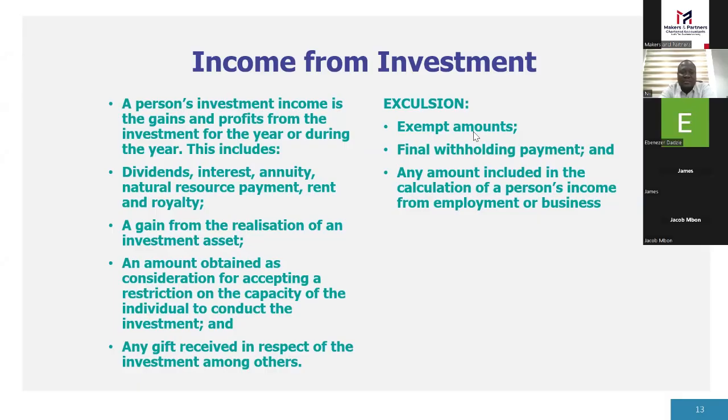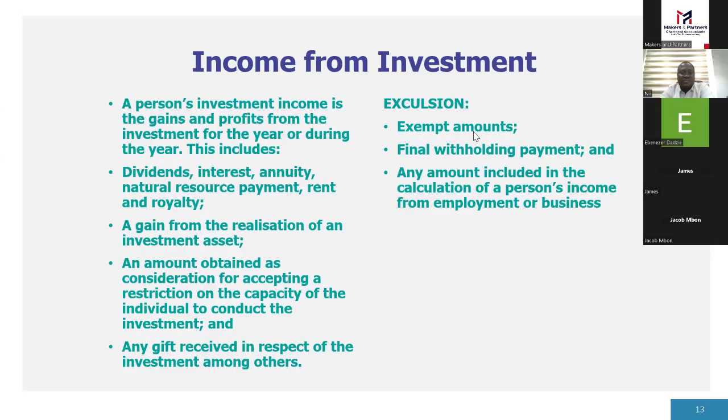Annuity, natural resource payment. We have people who are renting out their accommodations and then all that. So we have rent or royalties. Gain from the realization of an investment asset. Maybe you've sold an asset and then you've realized some profit on it.